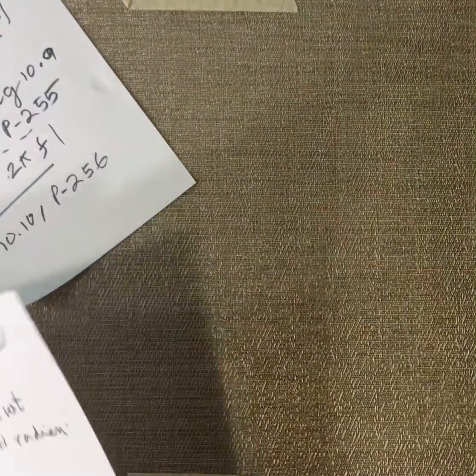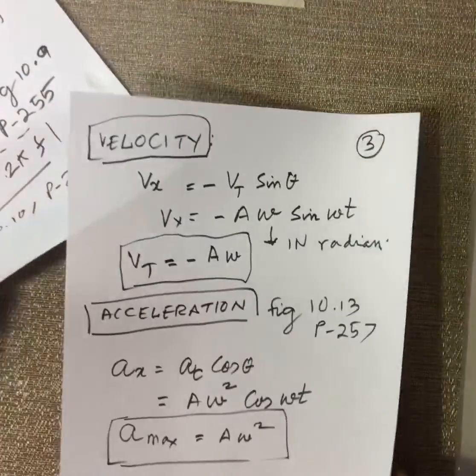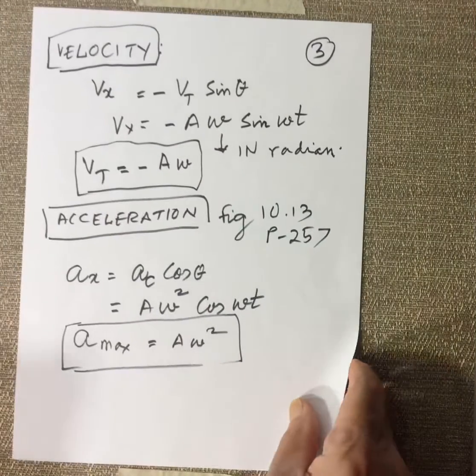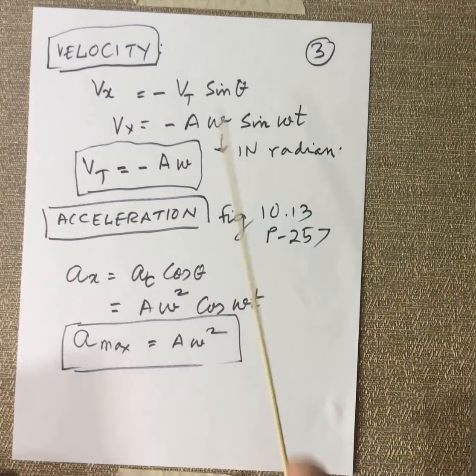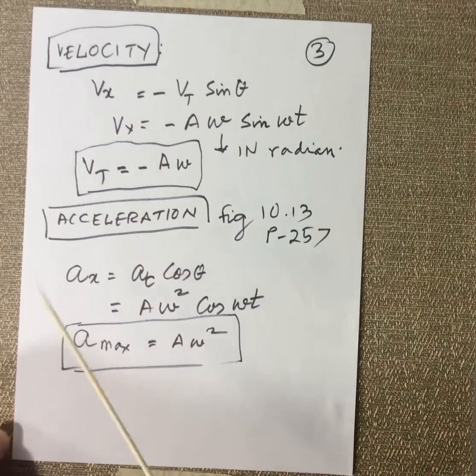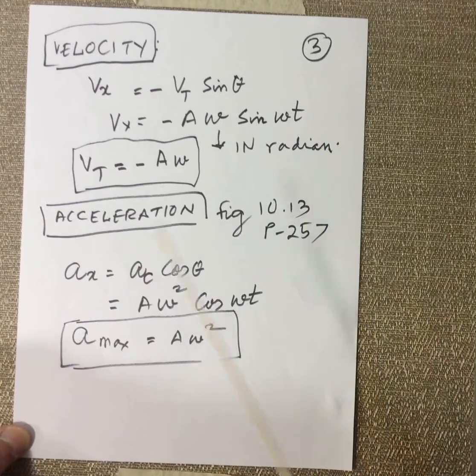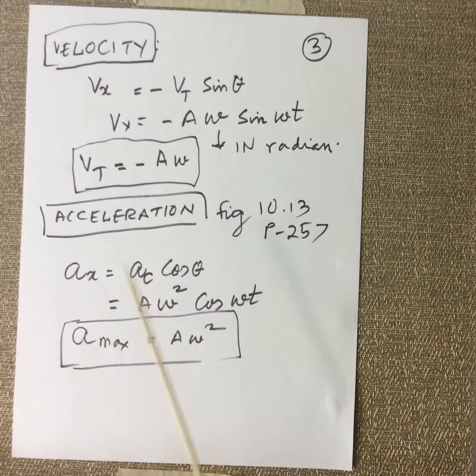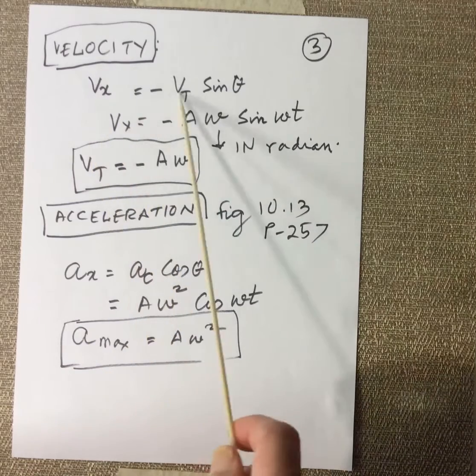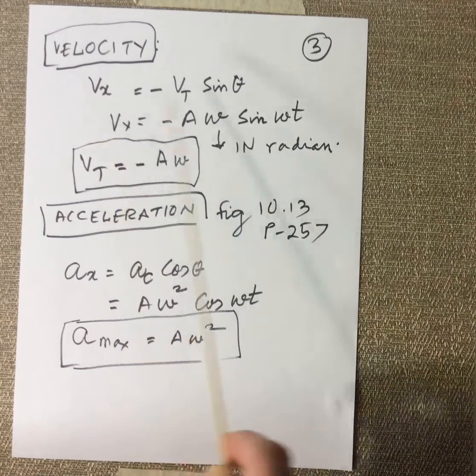Now we are moving to the next page, where we'll be defining the velocity here. So all this is out of a circle, that's why it is known as reference circle. And velocity is tangential velocity, Vx is the regular velocity here.